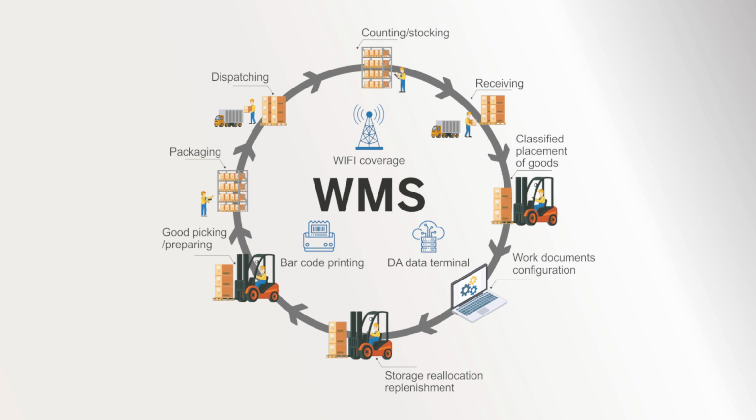First topic is Warehouse Management System, commonly called WMS. So, WMS is an application that supports the daily routine. It facilitates keeping track of inventory levels and locations of stocks in a warehouse.